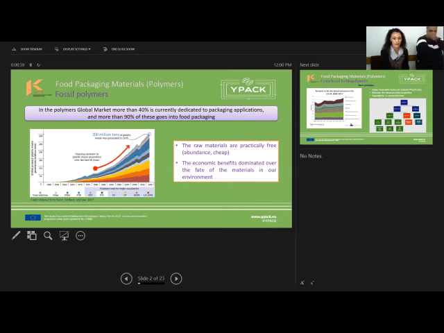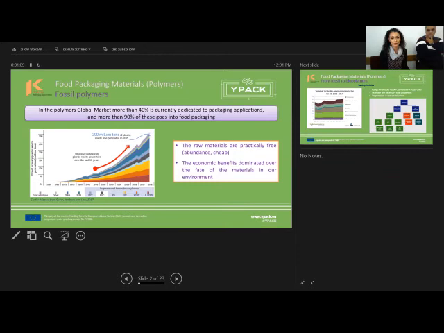The last 50 years, plastics are widely used in packaging, to produce packaging materials because of their performance and the ease in production. Currently more than 40% of polymers global market is dedicated to packaging applications, while 90% of them goes into food packaging.